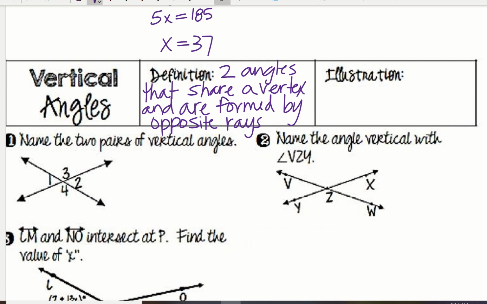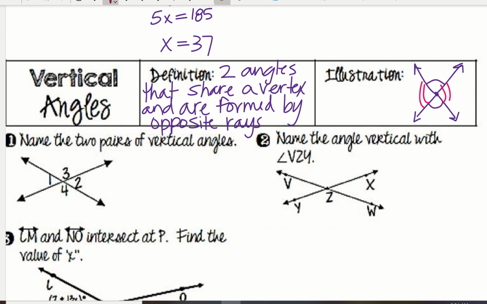So if I'm looking at number 1, or here, we'll do an illustration first. All of the illustrations look the same for this one, because if it's opposite rays, then I need to have opposite rays. So that means they form a line. And then another set of opposite rays so that I have some angles. These two are opposite of each other.